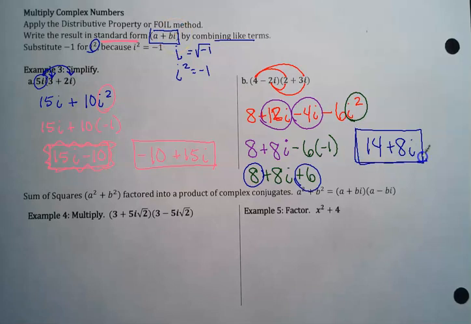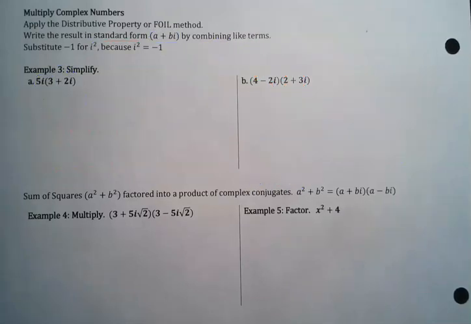So I'm good here. 14 plus 8i. So the first, this is when we just distribute, and B is when we have to FOIL. Okay, let's clear that and move on to example 4.